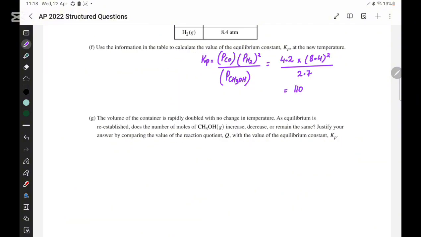For the next part, they are saying the volume of the container is rapidly doubled with no change in temperature. As equilibrium is re-established, does the number of CH3OH increase, decrease, or remain the same? Justify your answer by comparing the value of the reaction quotient. For the reaction quotient, you are going to put the new values.